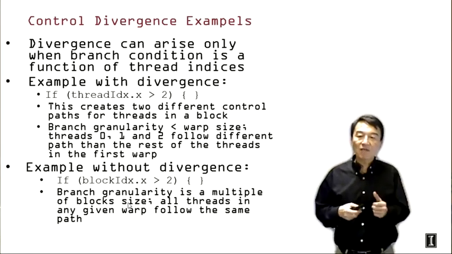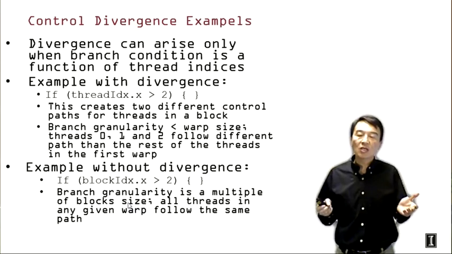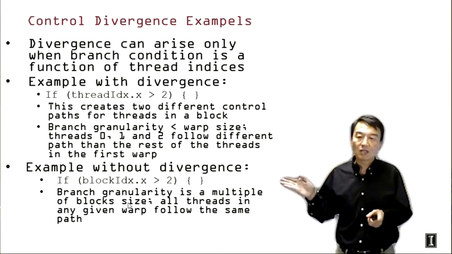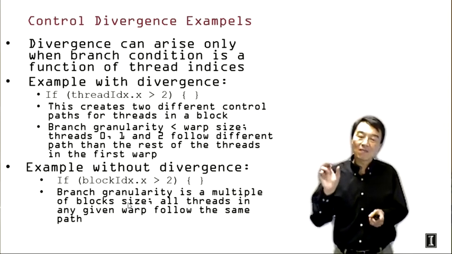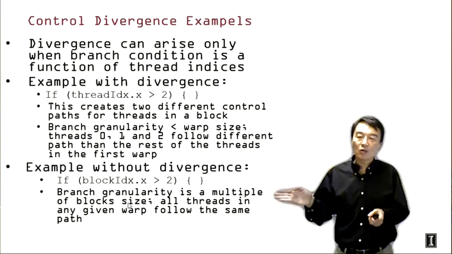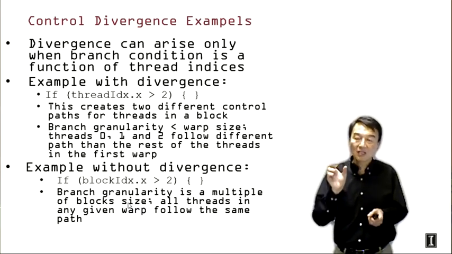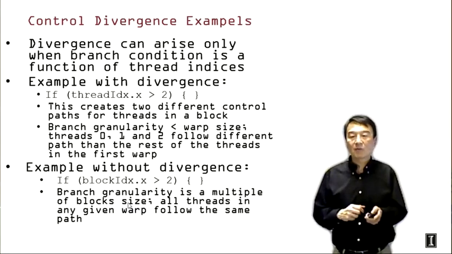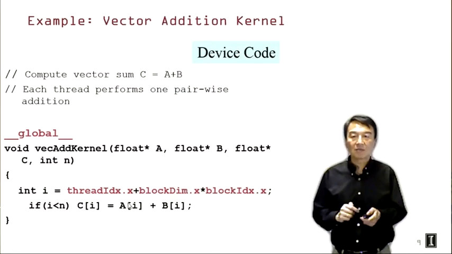And obviously, if the branch condition does not depend on thread index, for example, in the bottom here, we have a test of block index greater than 2. All the threads in the same block will have the same condition. So naturally, all the threads in the same warp will also have the same path. So in this case, little or no performance penalty will be experienced by any of the warps in the grid.